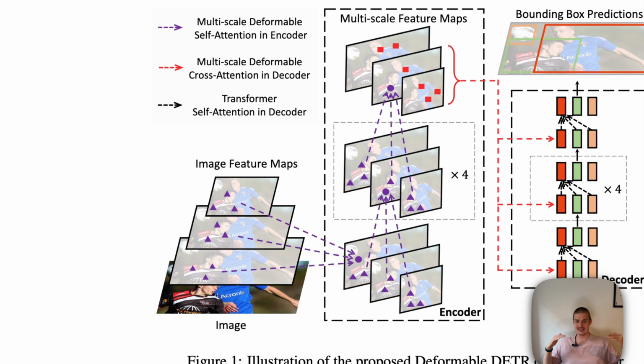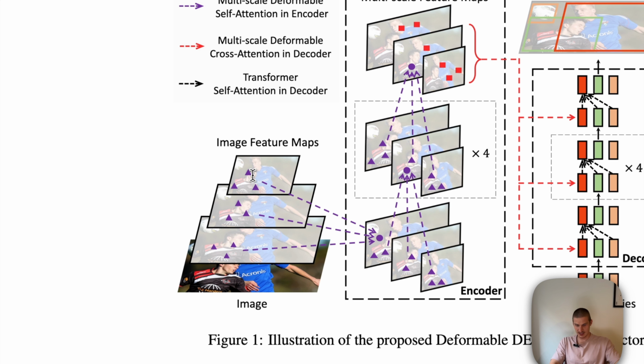And again, coming to this picture, in full pairwise self-attention, to compute the attention matrix, we do dot products between each pair of points, right? And the output of the dot product is one number called attention weight that tells us with what weight we should take this pixel in the output. So here, instead of doing this pairwise calculation to get the attention weight, we just predict it, right?